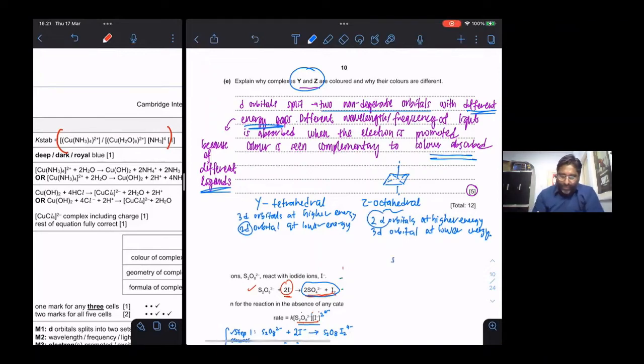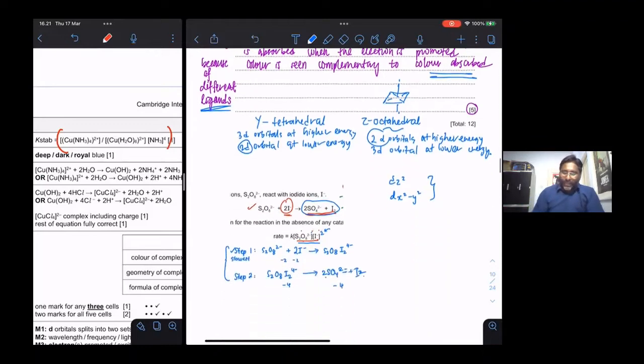These are going to be the dz square and dx square minus y square. These are the two d orbitals that are going to be slightly different. So please go through this, because in the March paper, paper 42 March 2021, they did ask a question on this, so we are expecting this to come out also in your paper in 2022.